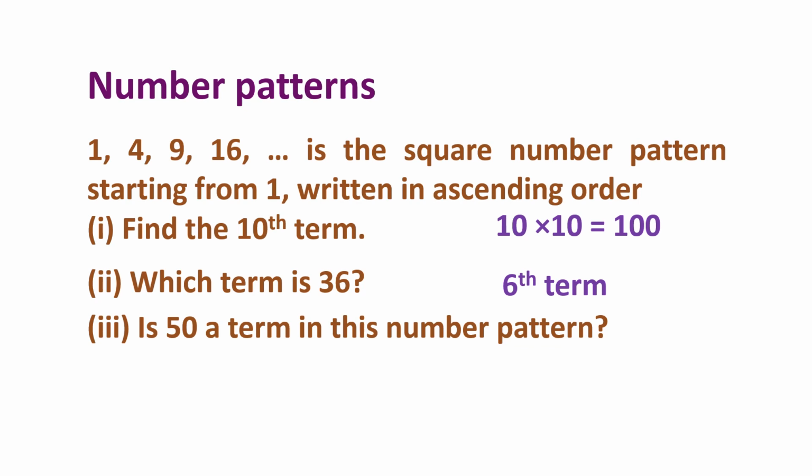So, in between 49 and 64, we have no square numbers. Therefore, 50 cannot be a square number. That means 50 is not a term in this number pattern. So, we have to mention that it's not a term in the square number pattern.